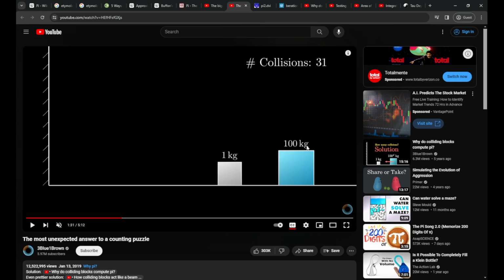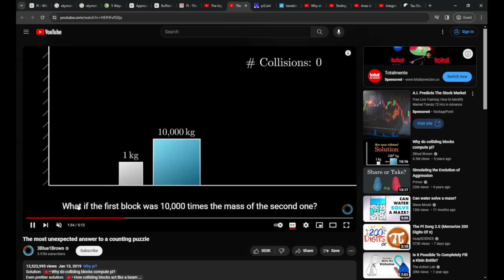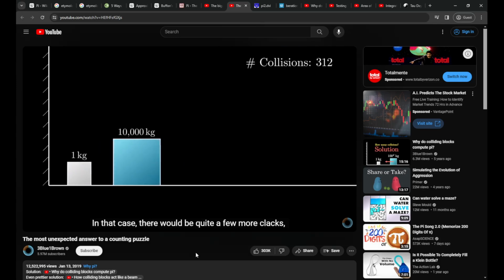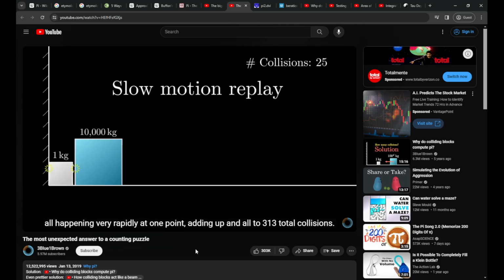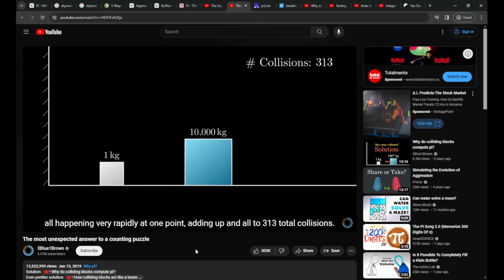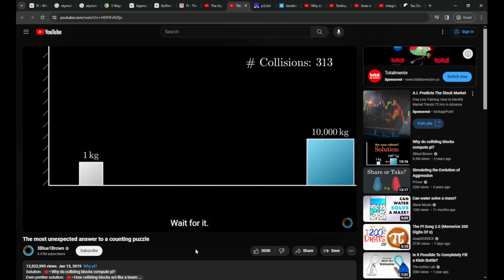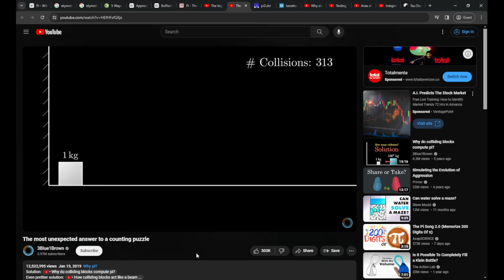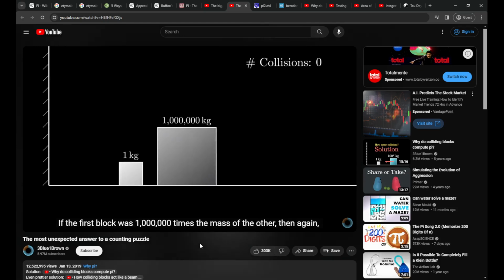And we're going up in powers of 100. And you slide the 100 kilogram mass at the 1 kilogram mass against a wall, so that it hits a wall. Like that. And what they're doing is they're increasing the mass of the greater mass by powers of 100. And they're counting the number of collisions that happen between the two blocks until they never collide again.